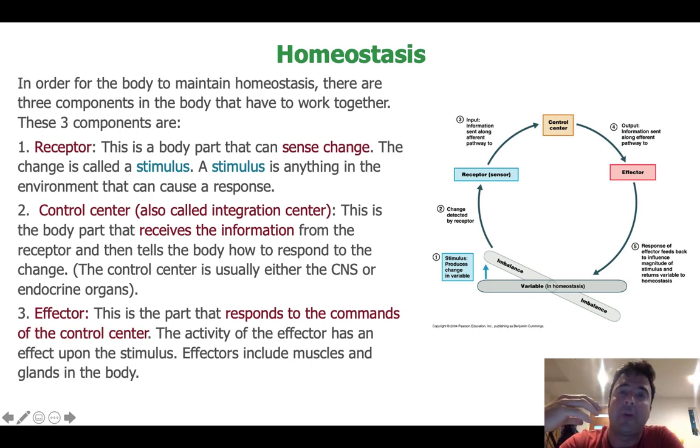I'm going to use terms like physiological parameters, physiological variables, controlled conditions. Those are factors that our body maintains in relatively narrow limits or narrow ranges. So blood glucose concentrations, I could call a physiological parameter or a controlled condition or a physiological variable.